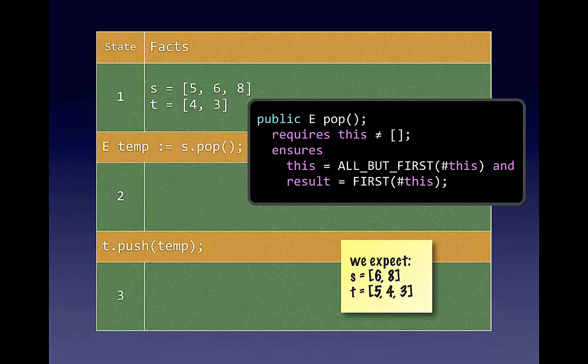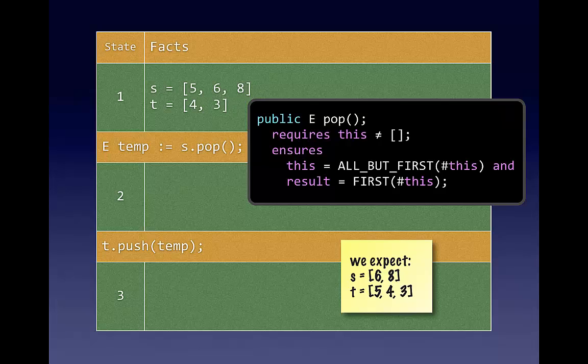In our code, the stack object S that invokes the pop operation will correspond to the current object in pop. Therefore, the precondition is saying that S cannot be empty. Well, S is not empty. It has 3 elements, so we can proceed. Note that if S were empty, we could not proceed, and therefore we would not be able to prove that the value we obtained with the code was the same as the value we expected.